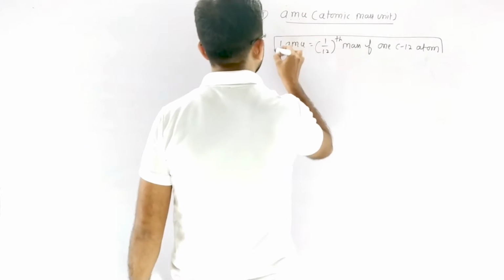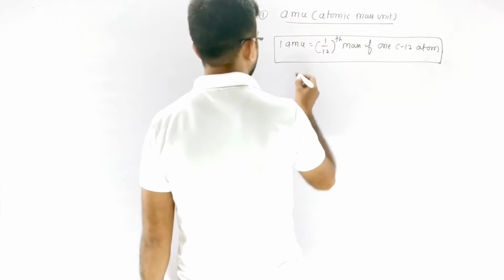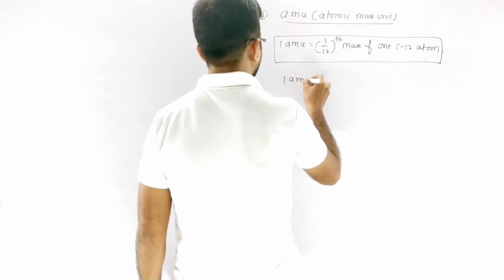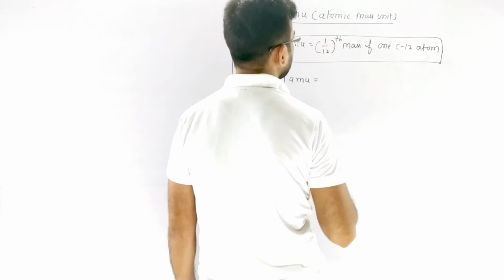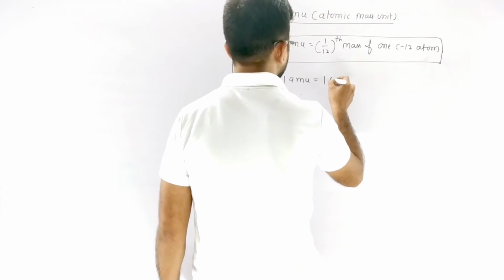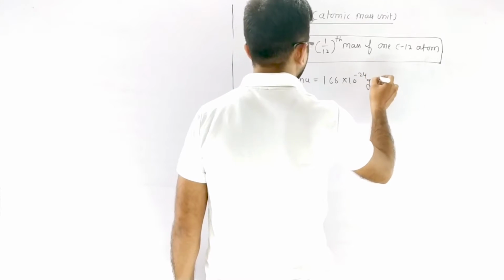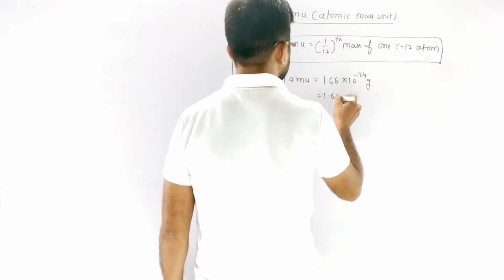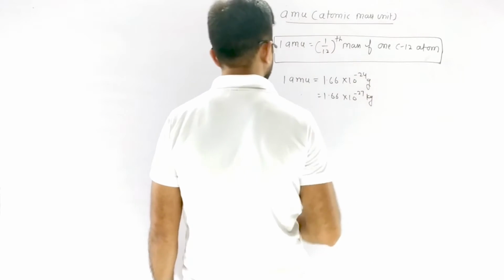This represents 1 AMU. If we calculate 1/12th the mass of one C12 atom, the measurement is 1.66 into 10 to the power minus 24 gram, or we write 1.66 into 10 to the power minus 27 kg.